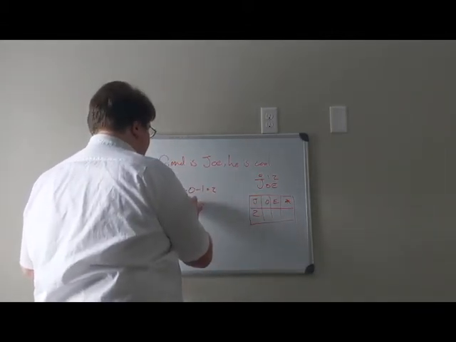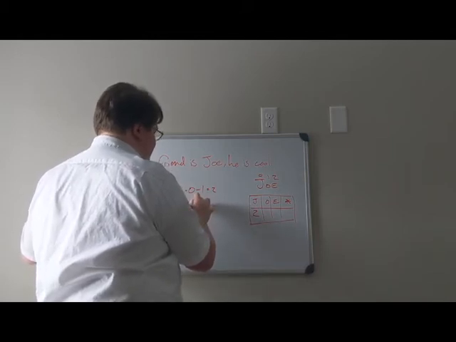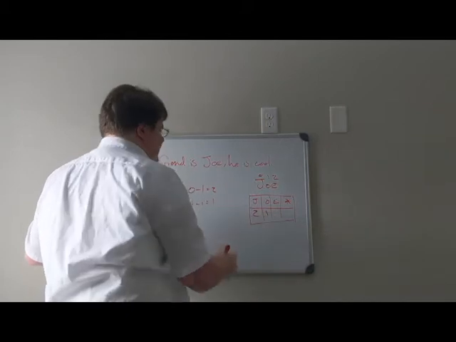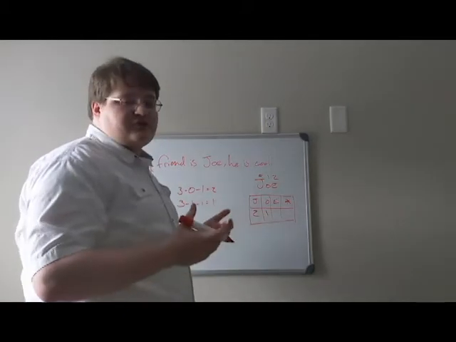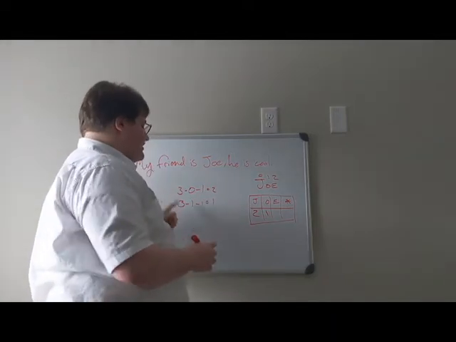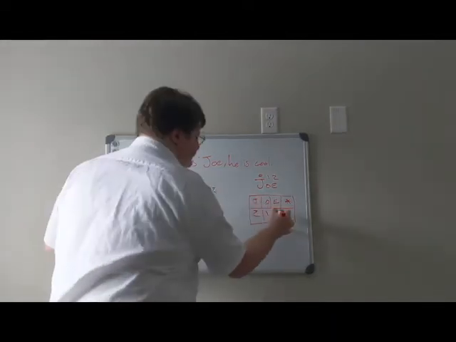We do the same all the way down. Minus 1, minus 1, equals 1. And then the last character is a special exception, because the last character is always just going to be the length of the string.